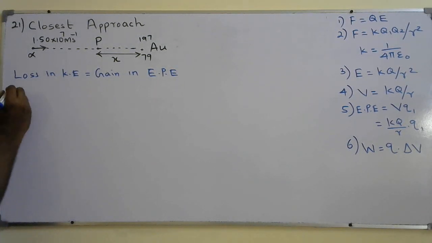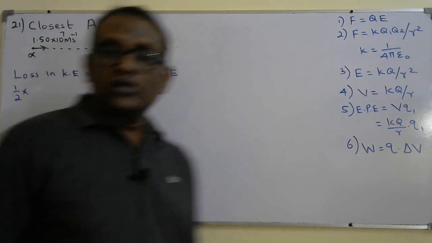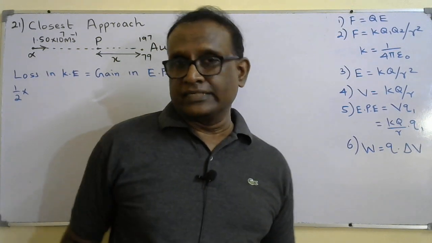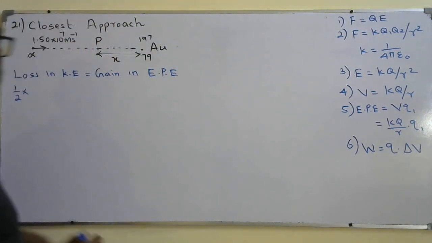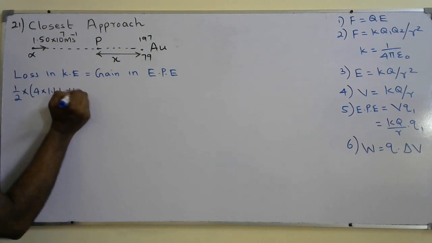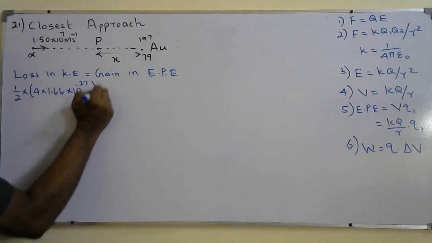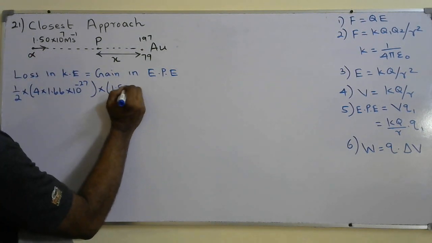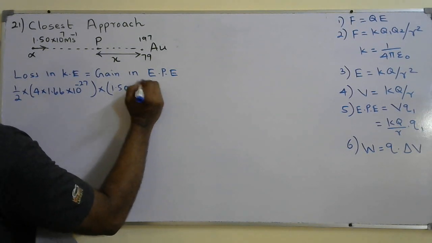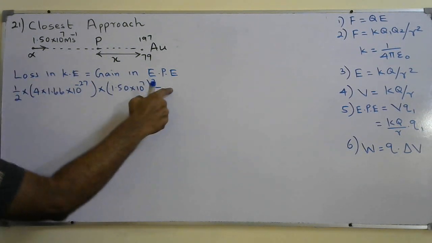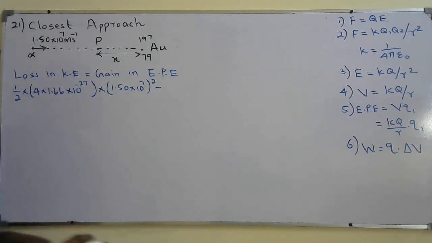Loss in kinetic energy: initial kinetic energy is half times the mass of the alpha particle. I told you it consists of 2 protons and 2 neutrons, with the mass of a proton given in the data sheet. So 4 × 1.66 × 10^-27 kilogram, times the initial speed given, 1.50 × 10^7, all squared, minus the final kinetic energy where it reaches the closest point.